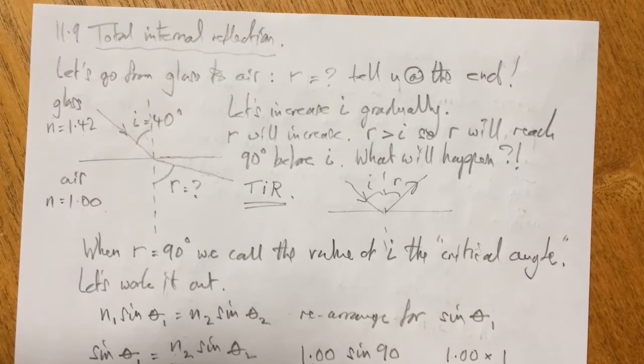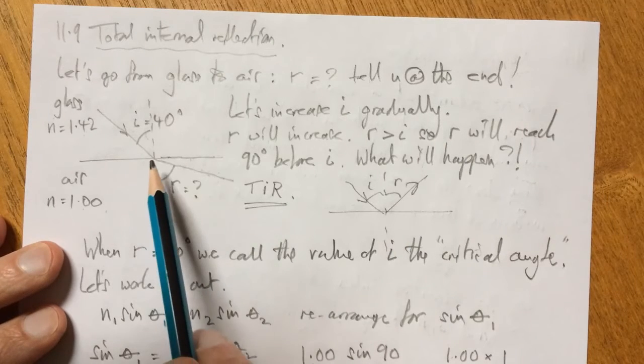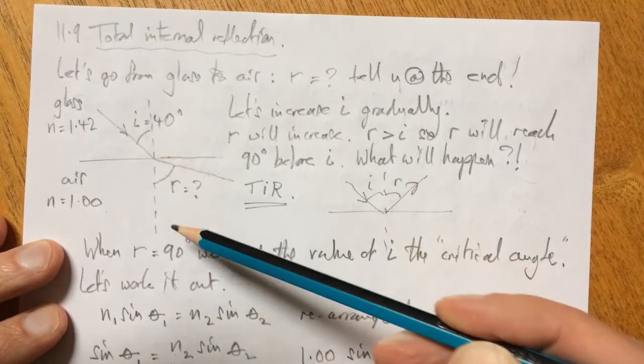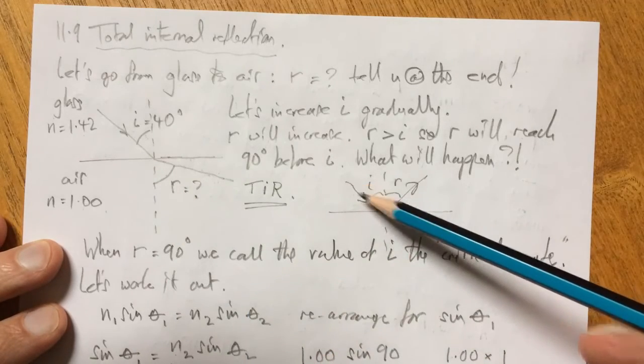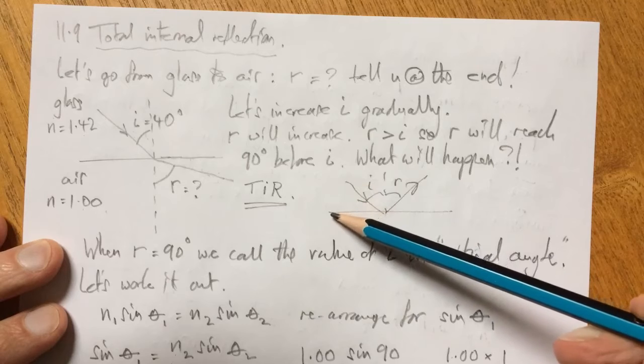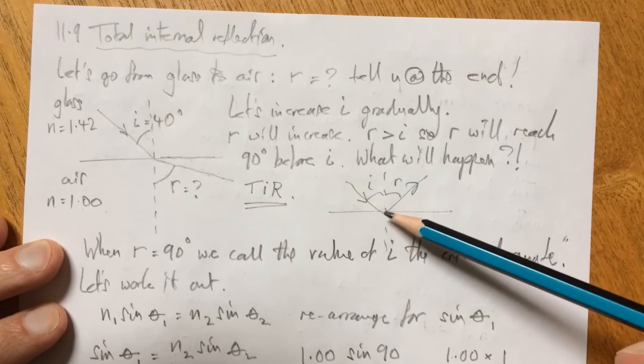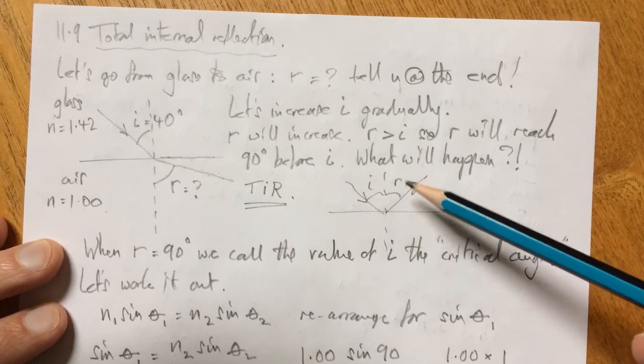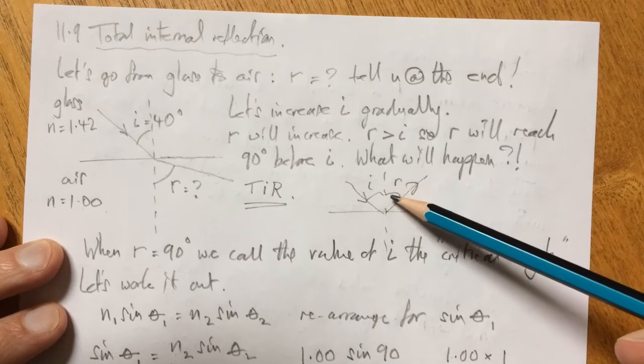Well, what happens at that point? Well, total internal reflection. The ray will no longer refract out of the glass into the air. It will reflect off the inner surface of the glass back into the glass, and it'll then obey the angle of reflection. The angle of reflection is equal to the angle of incidence.